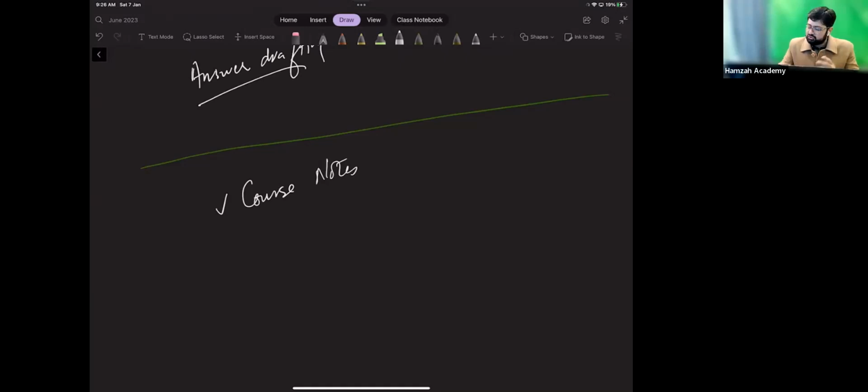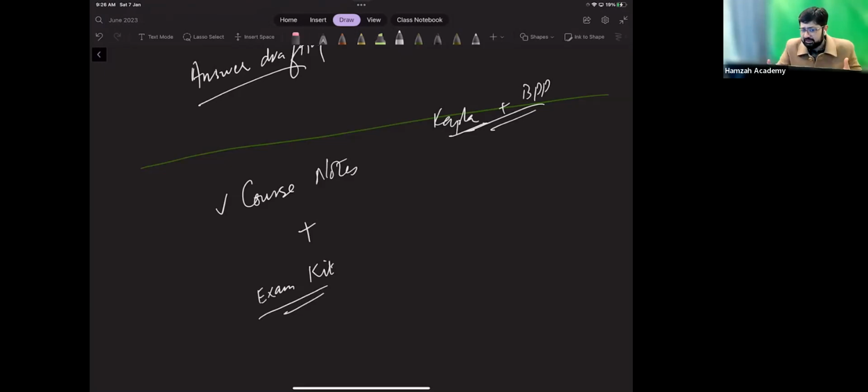So the course notes are sufficient. But if you say, I have another book, that's your choice. You can take Kaplan or BPP, anyone. Plus, I will be using an exam kit, which I'll share with you. We will be solving exam kit questions in the class with a lot of practice, and you will see how much practice we will be doing.